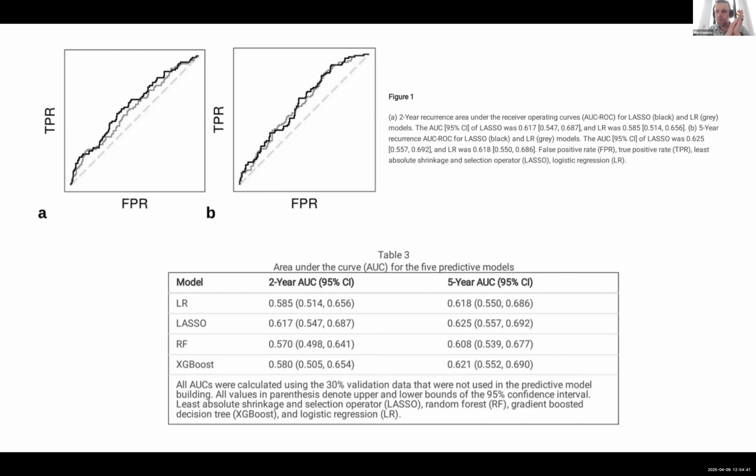It was reassuring to see that they had such good results with the more traditional statistical models. These are ROC curves here, and the AUC was above 50%, so they're getting higher than random guessing for sure. I don't know how that compares to clinical practice, but it suggests that there's some information there.